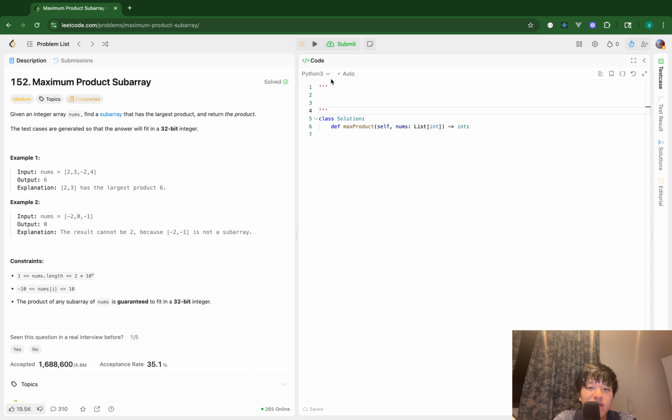Something I try to clarify first is whether the subarray can be empty or not. And the second thing I try to confirm is whether the elements are only positive, or include 0 or negative numbers.